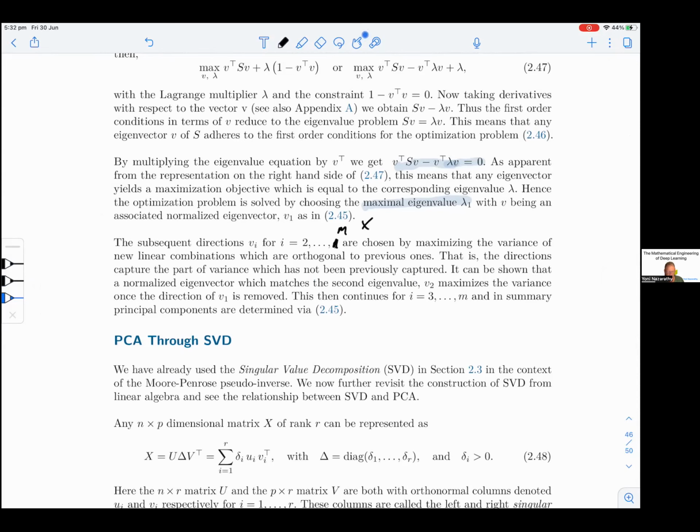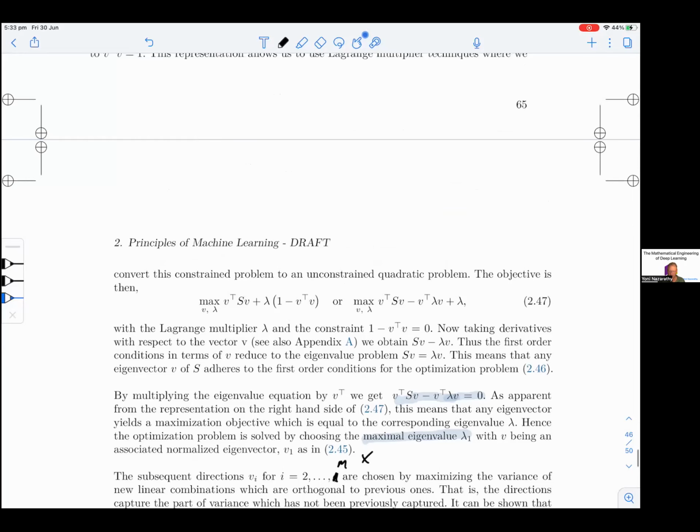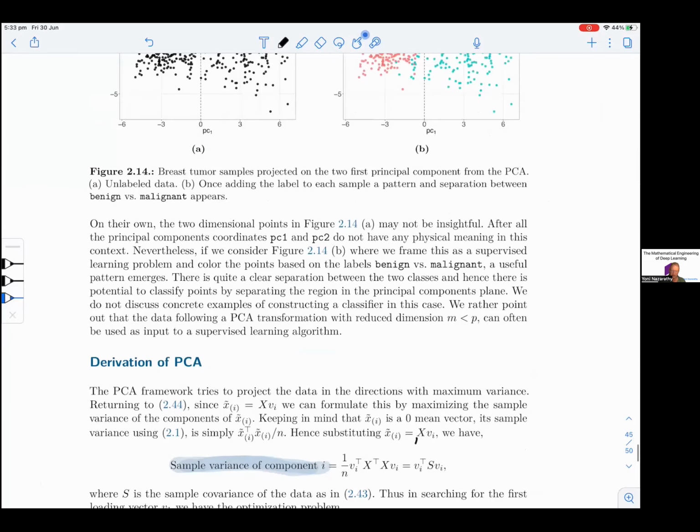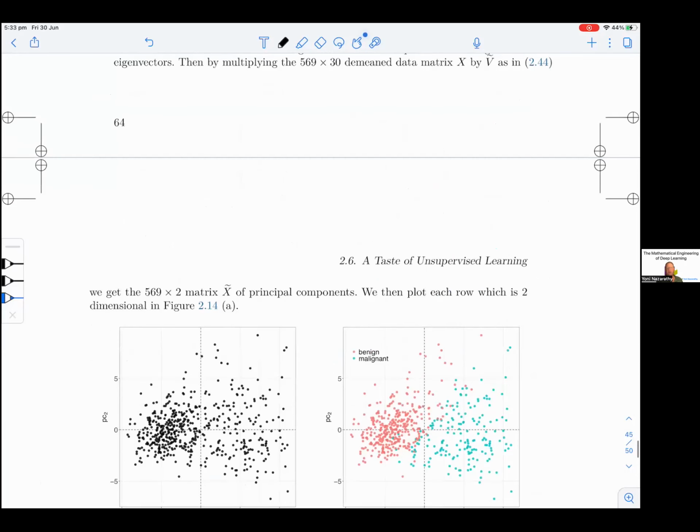That is, the directions capture the part of the variance which has not been previously captured. It can be shown that a normalized eigenvector which matches the second eigenvalue, V2, maximizes variance once the direction of V1 is removed. This then continues for I equals 3 up to M, and in summary, principal components are determined via 245, meaning just via the eigenvector, eigenvalue relationship of the covariance matrix.